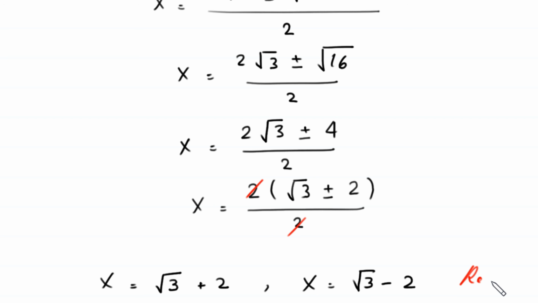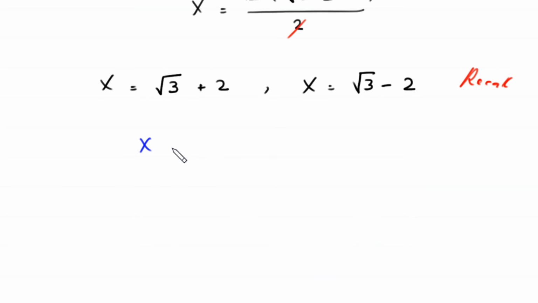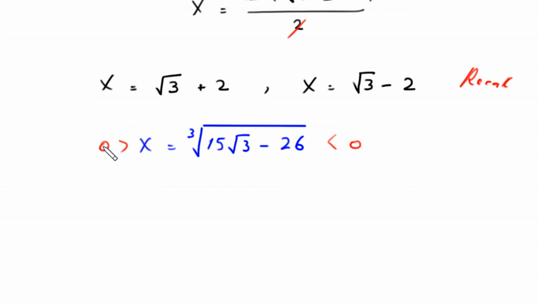Now recall that we have supposed that x is equal to the given expression, the cube root of 15 times root 3 minus 26. Since this expression is less than 0, this x must be less than 0.